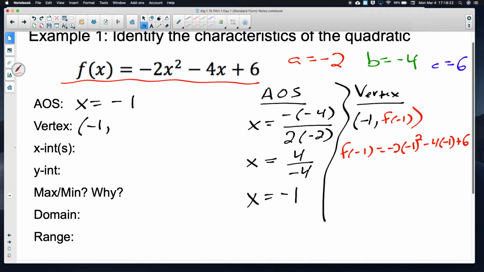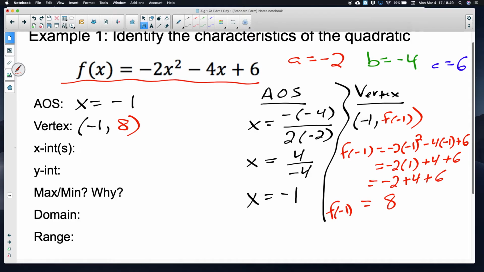When I simplify this, that's going to be -2 times +1, -4 times -1 is +4, then plus 6. So I've got -2 plus 4 plus 6, which gives me a value of 8. So f of -1 was 8, and my vertex is going to be (-1, 8).